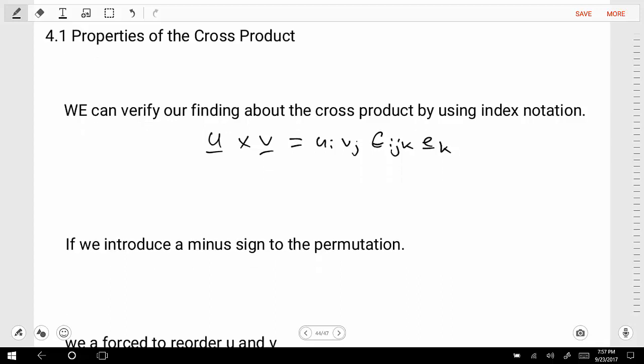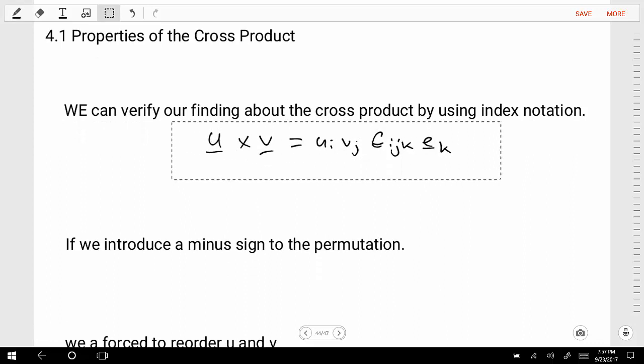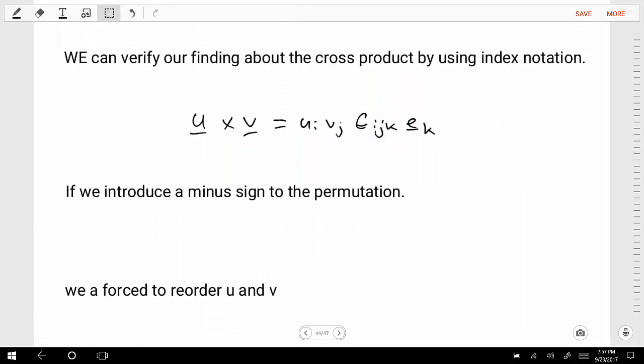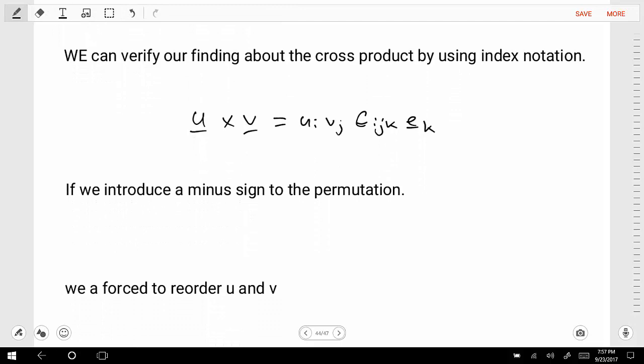If we introduce a minus sign into our permutation tensor, then we can say that our epsilon ijk is equal to negative epsilon jik, right? So if we change the index order, we change the sense and we add a negative to make it equal.